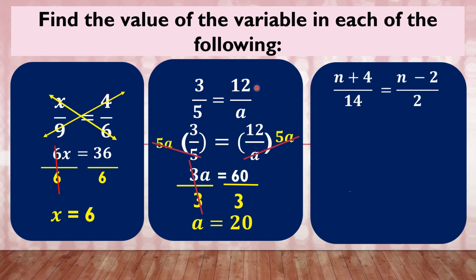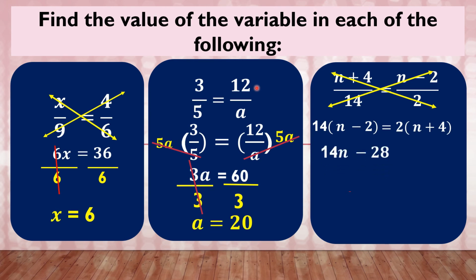N plus 4 over 14 is equal to N minus 2 over 2. Medyo mahaba to. Medyo komplikado. So still, with the aid of cross multiplication or multiplying both sides by their LCD, we can solve this. So ang ginawa ko na lang is cross multiplication. So 14 times N minus 2 should be equal to 2 times N plus 4.